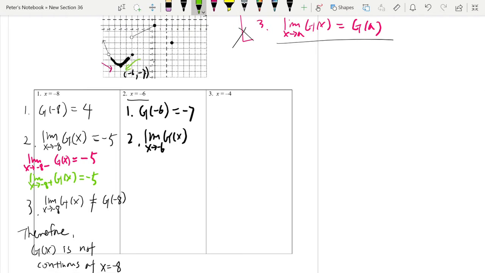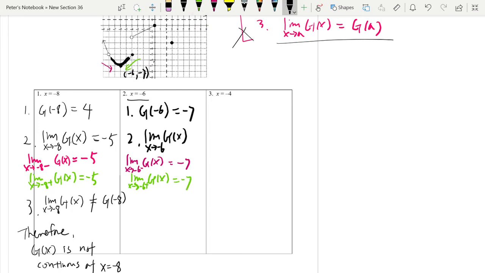Right-hand side limit goes to negative 7 as well. Right, so the limit of g of x as x approaches negative 6 from the left-hand side is equal to negative 7. Also, you know that the limit of g of x as x approaches negative 6 from the right-hand side is equal to negative 7.